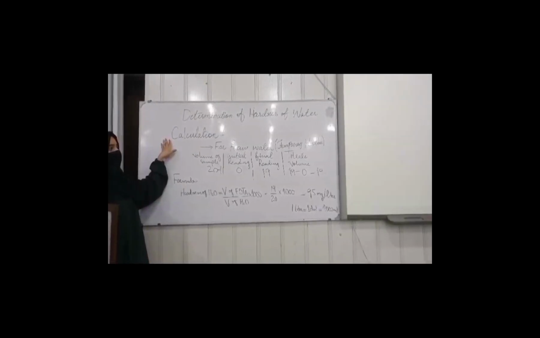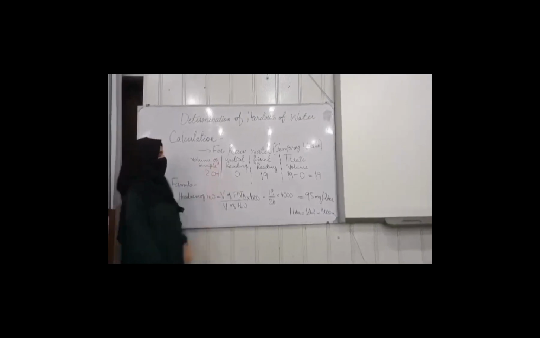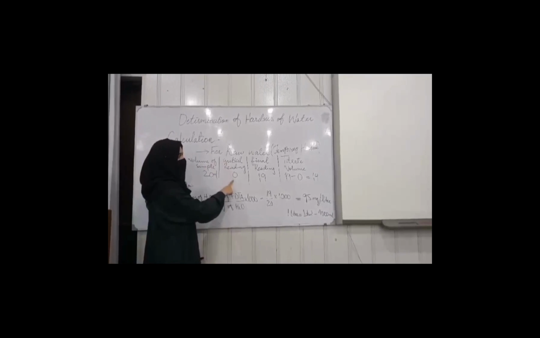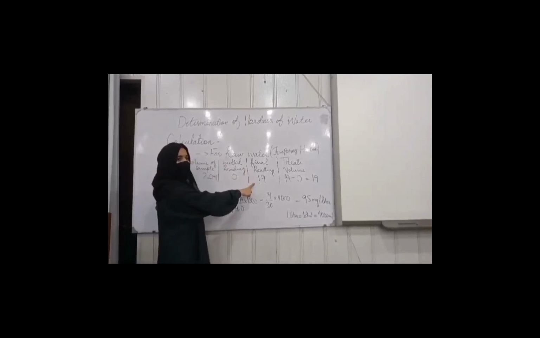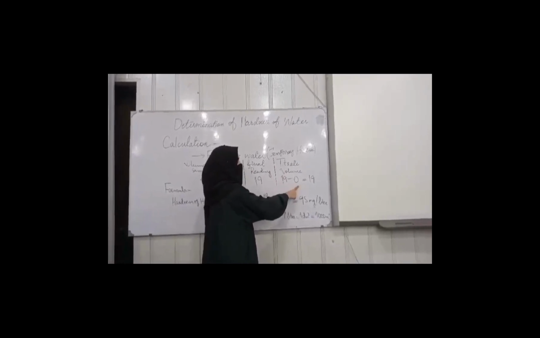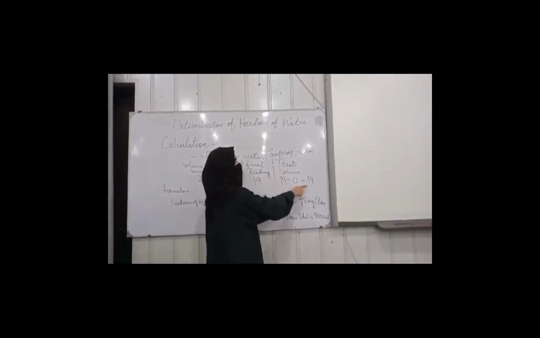Calculation for the determination of temporary hardness in water. Volume of sample is 20 ml. Initial reading is 0 and the final reading is 19. The titrated volume, final reading minus initial reading, is equal to 19.